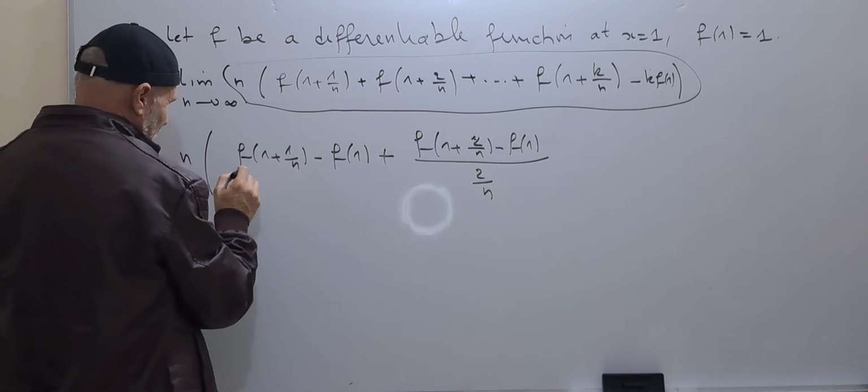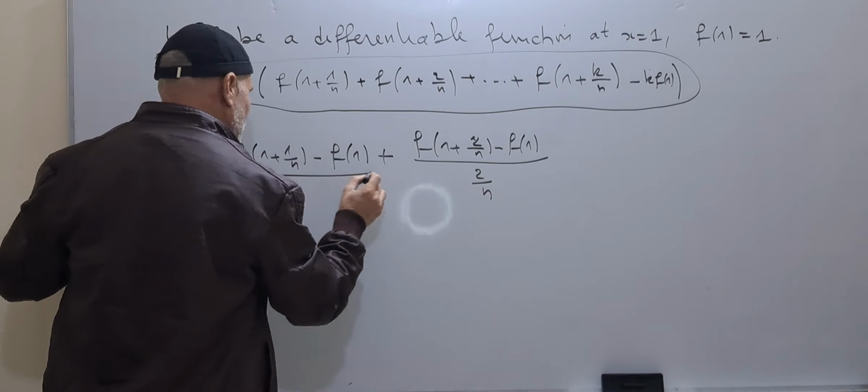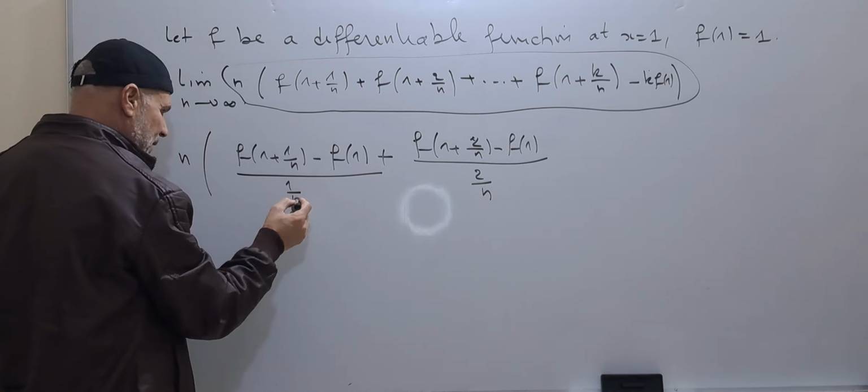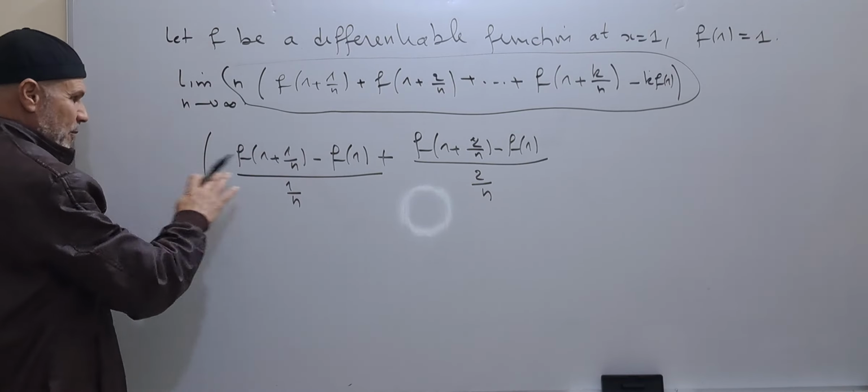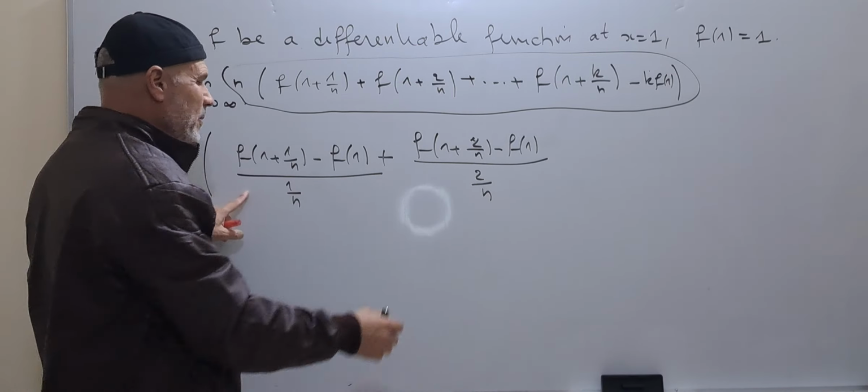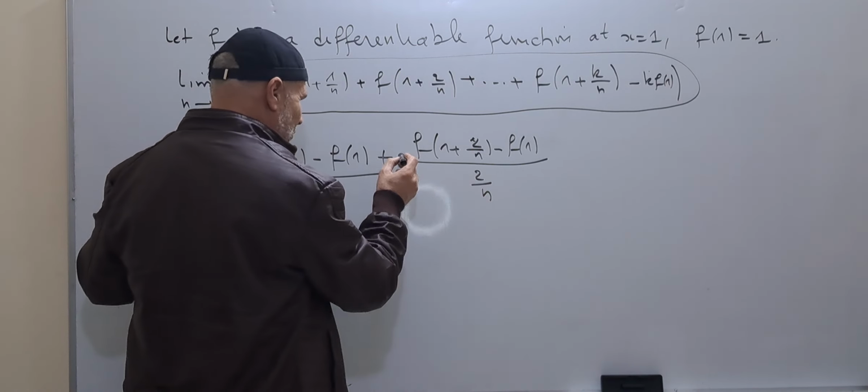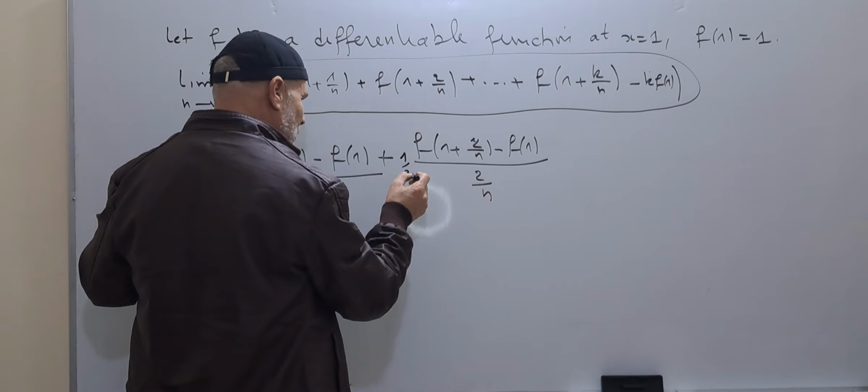Here we divide by 1 over n. So this formula takes this form. Here we have 2 over n, so we take here 1 over 2.